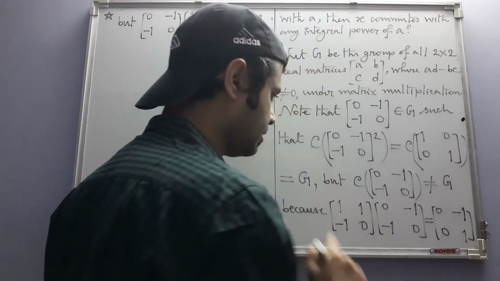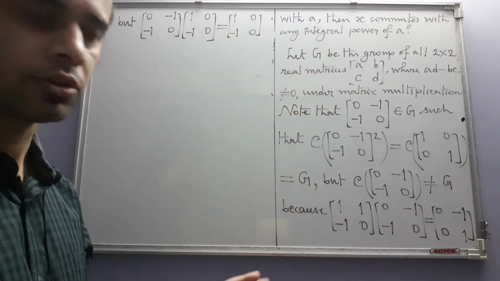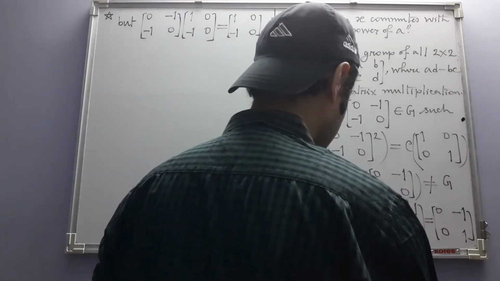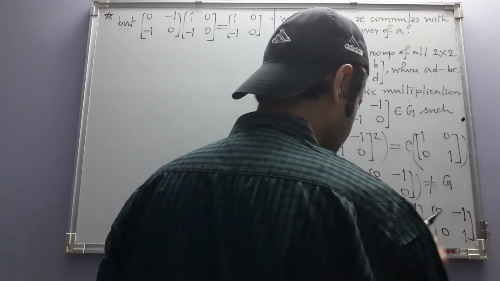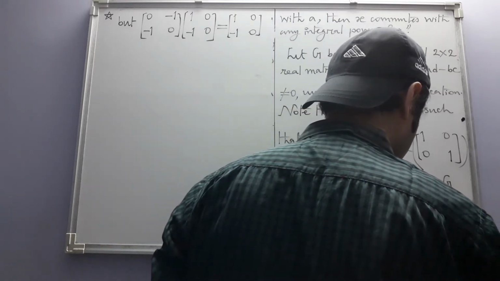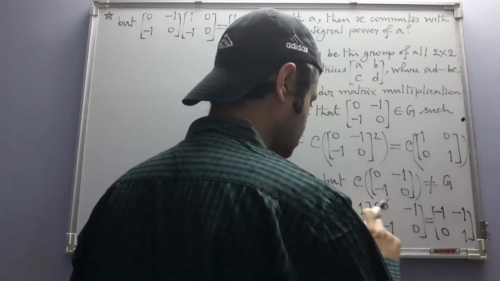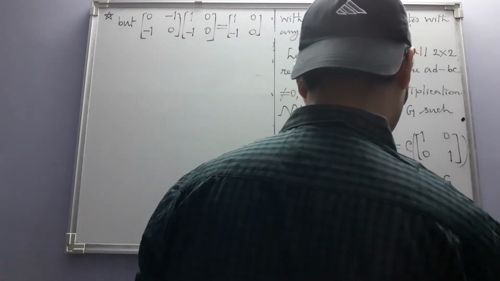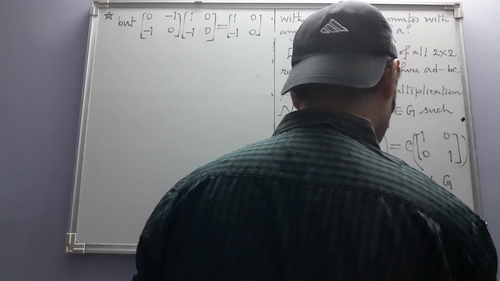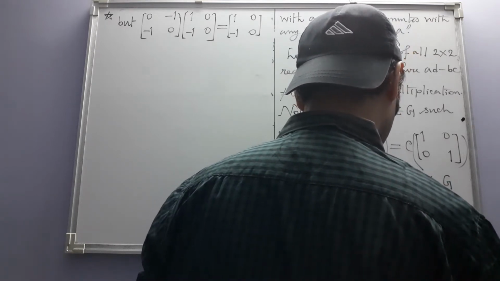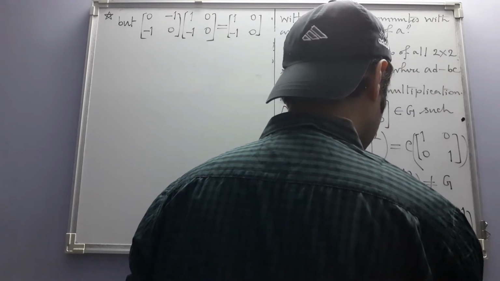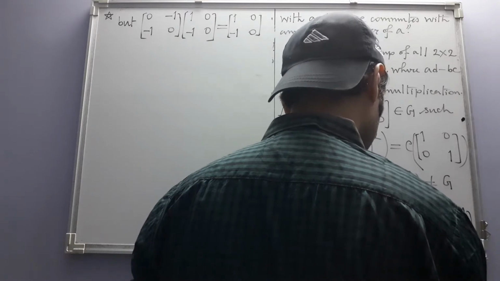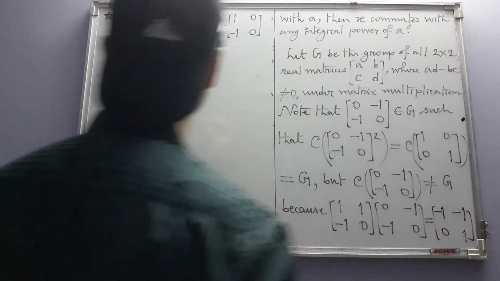Because I want an element in G that does not commute with this matrix. 0 minus 1, minus 1. I think it will work. 1 plus 0. Am I doing it correctly? 0 minus 1, minus 1, minus 1 plus 0, minus 1. Okay. 0 plus 0, 0, 1 plus 0, 1.